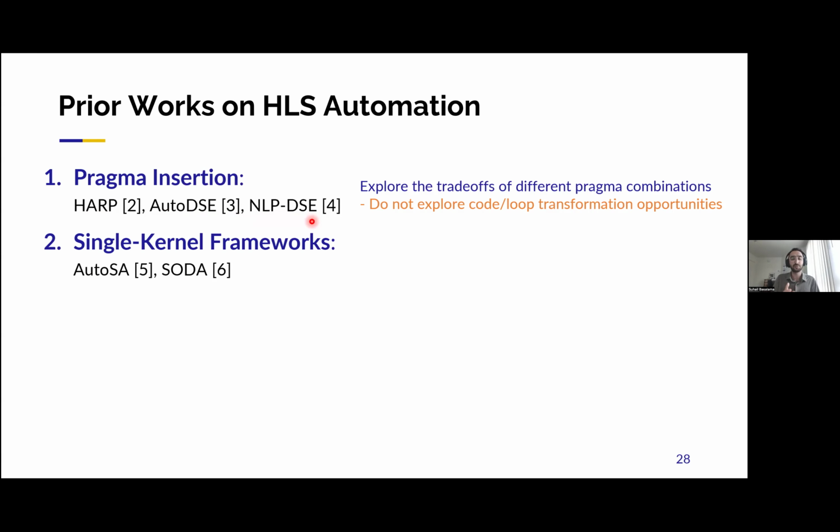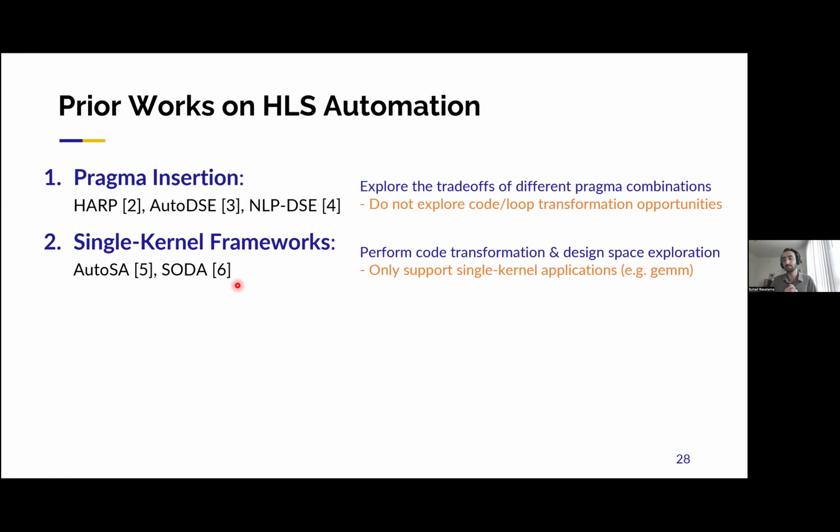And then there are other frameworks that target a single kernel, like a single layer of a DNN, or a single general matrix multiplication operation, or a single stencil operation. This includes O2SA and SODA. They do code transformation and design space exploration, but as I mentioned, they are limited to a single kernel application.